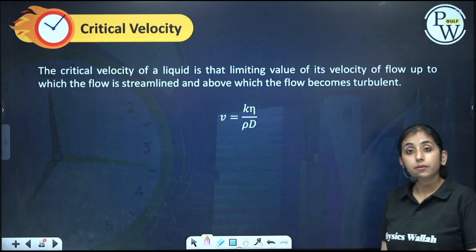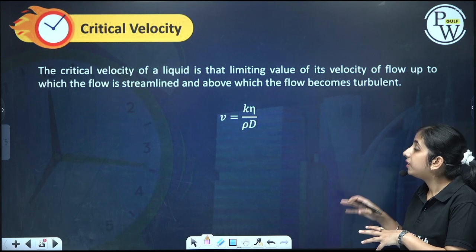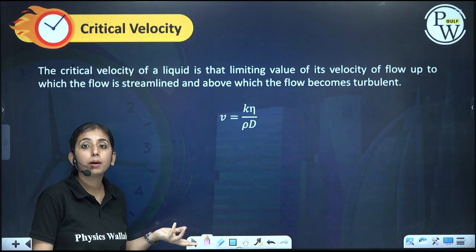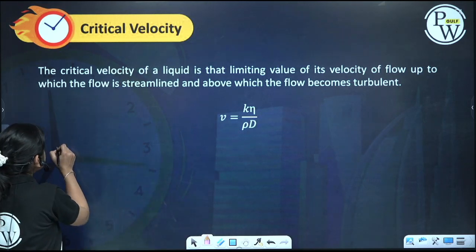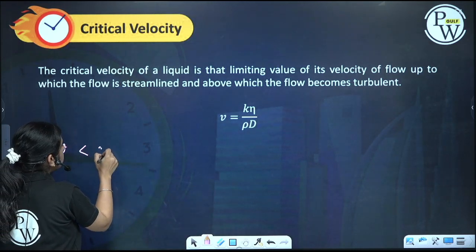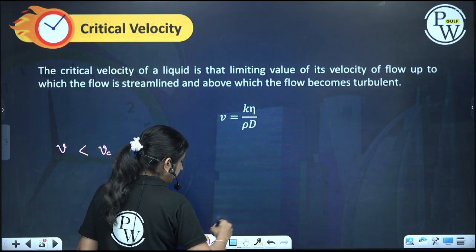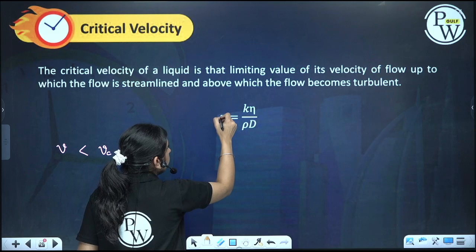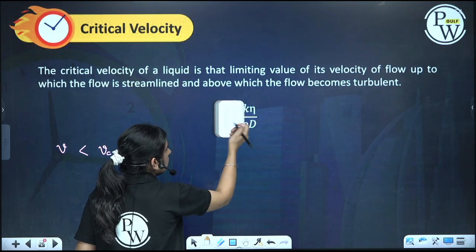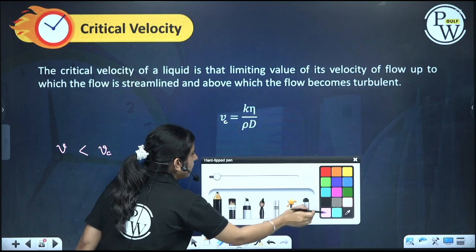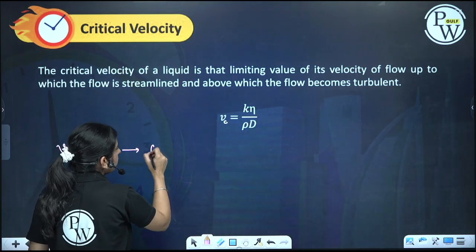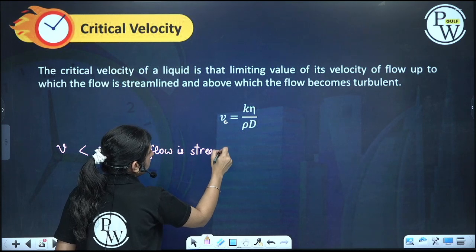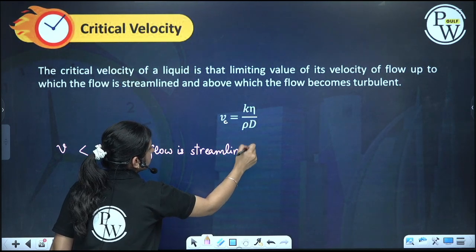Next comes the critical velocity. The critical velocity of a liquid is that limiting value above which the flow of the liquid becomes turbulent. Let us write it as Vc. If velocity is less than the critical velocity, then the flow is streamlined.